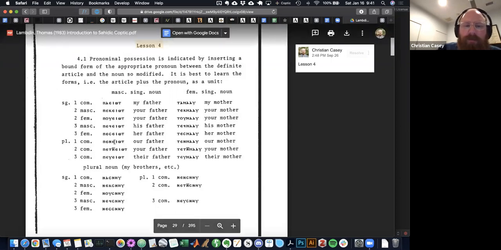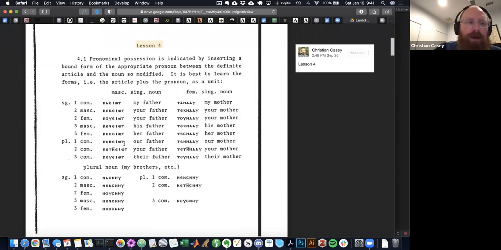Two of the things in that phrase are the same in terms of gender and number, and one thing is allowed to vary freely. Yeah, so the definite article, the P, for example, has to agree with the gender of the noun, and then the possessive pronoun depends on the possessor, how many there are, whether it's female or male. Right.